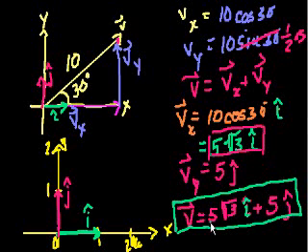And what makes this very useful is that if I can write a vector in this format, I can add and subtract them without having to resort to visual means. What do I mean by that?